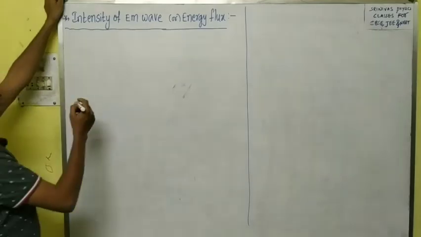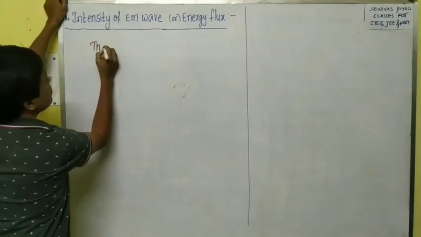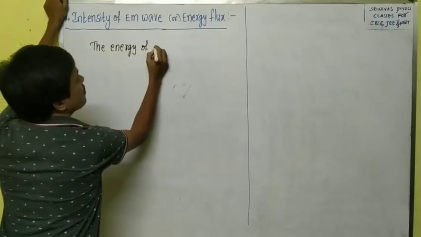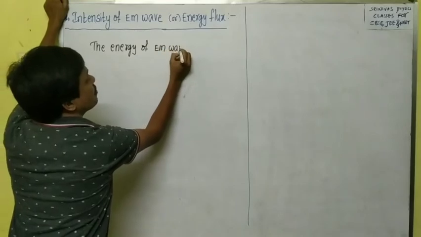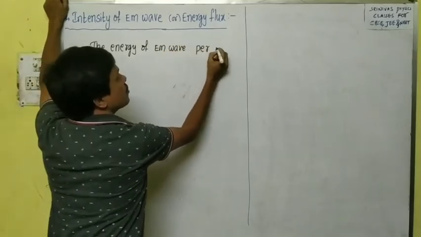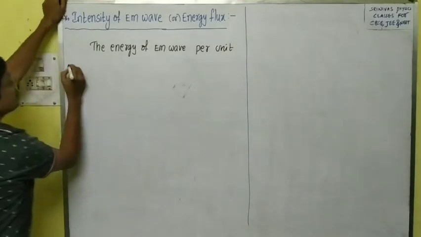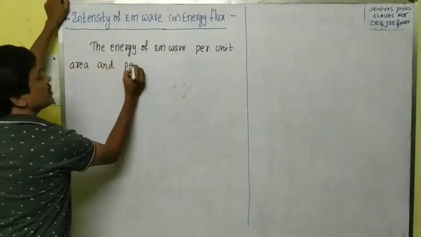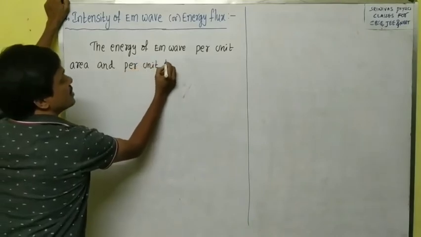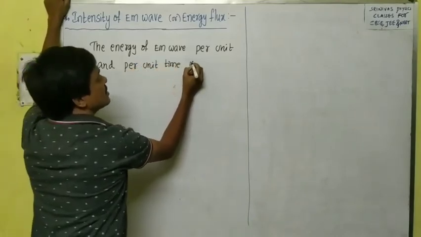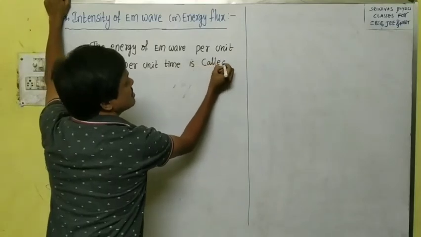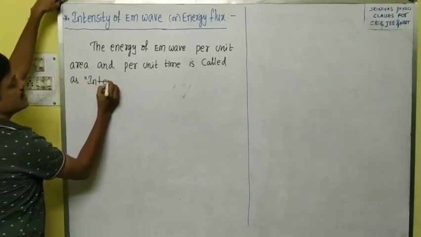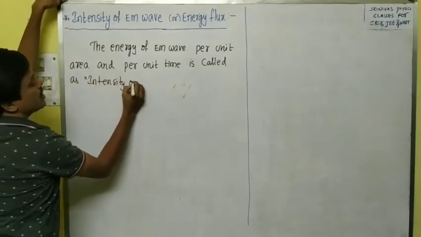That is, the energy of EM wave per unit area and per unit time is called the intensity of EM wave.